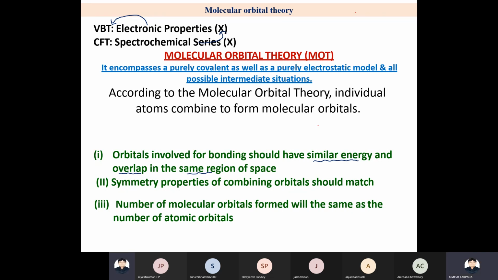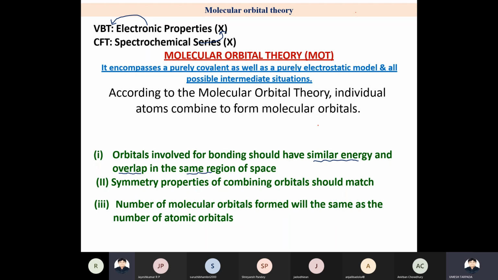So see, according to this theory, you can have a molecular orbital, which will play an important role. Orbitals involved in the bonding are of two types. Some orbitals may form a sigma bond and some orbitals may form a pi bond.